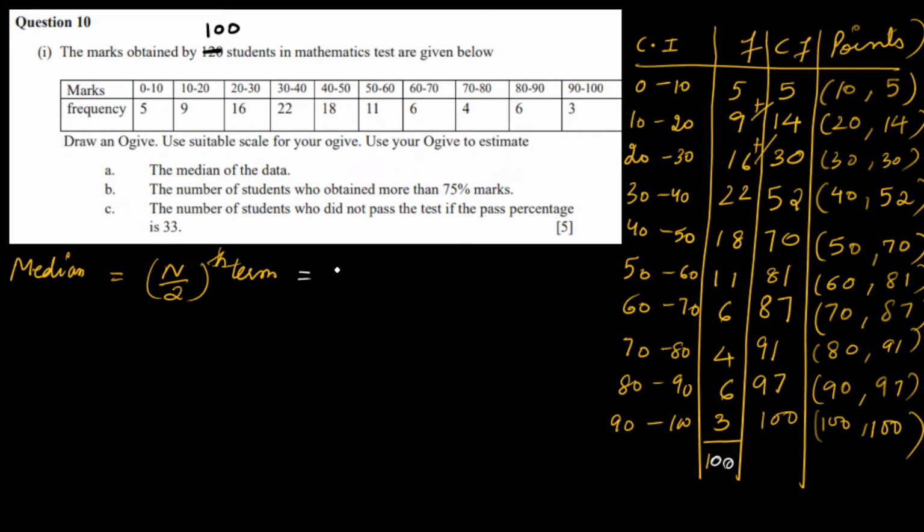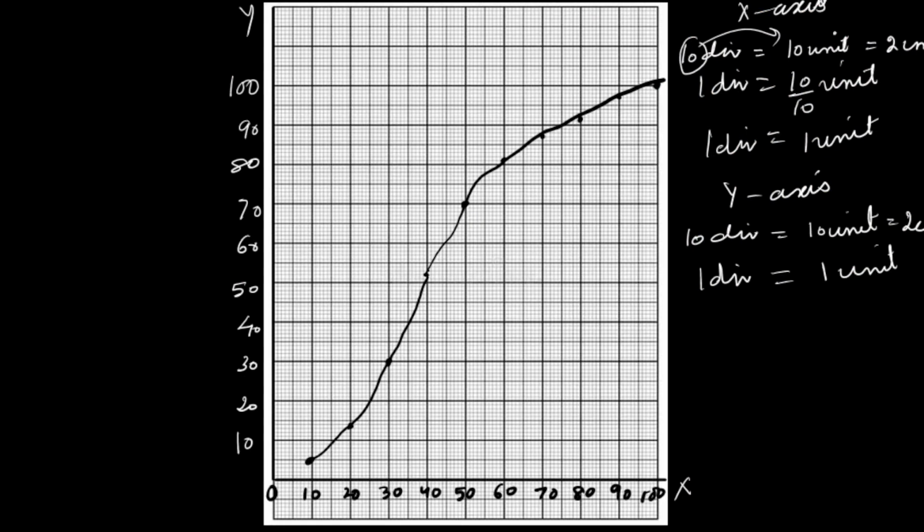So 100 by 2 means the 50th term. Median is the 50th term, but we have to find its value. We all know how, we have done so many questions.